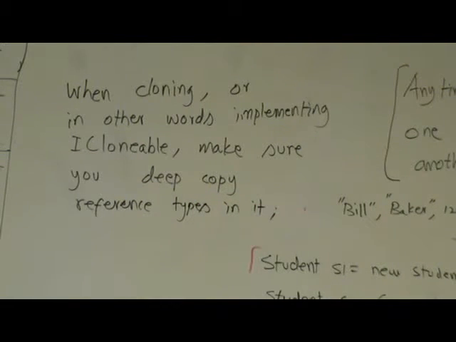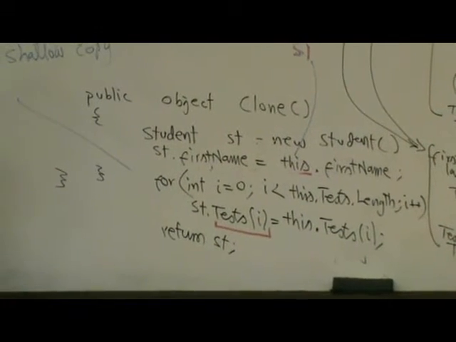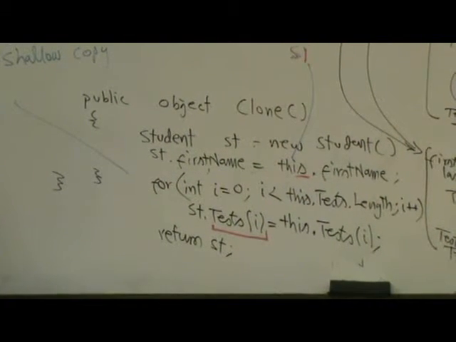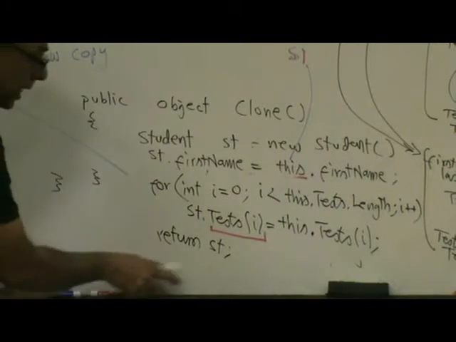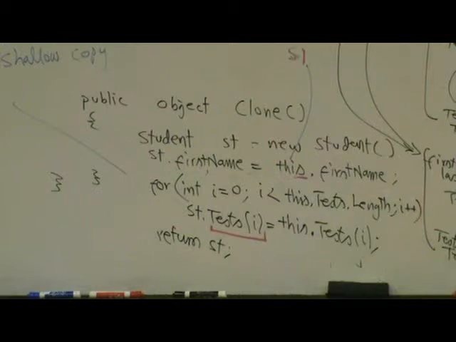Okay. So for example, if there's an array involved, you go one by one and copy the data in the array. Okay, so now let me go to the computer, create this scenario, and show you a couple of interesting things.